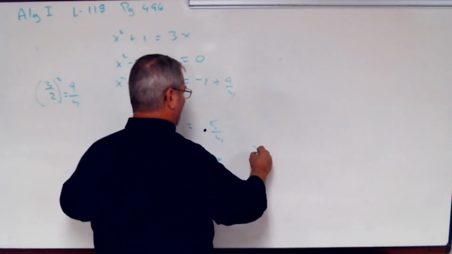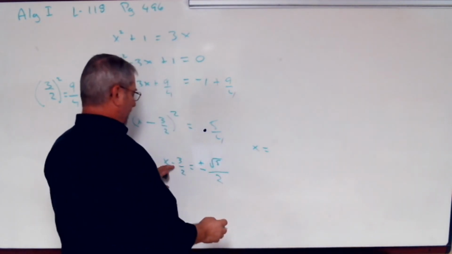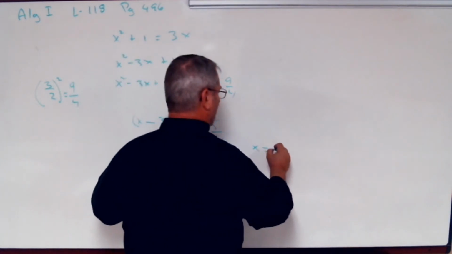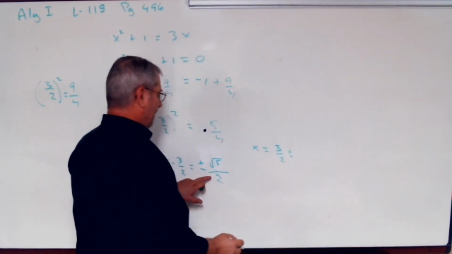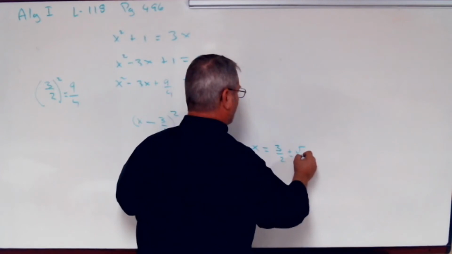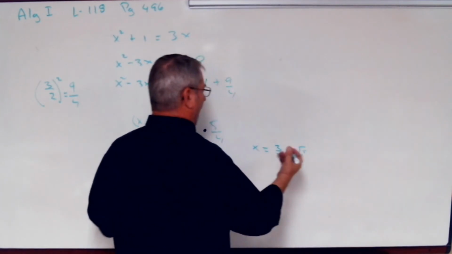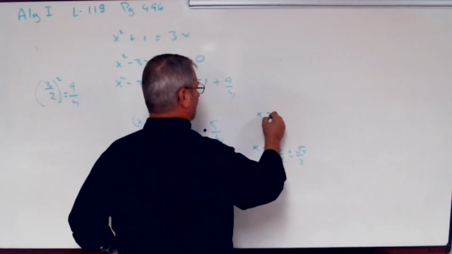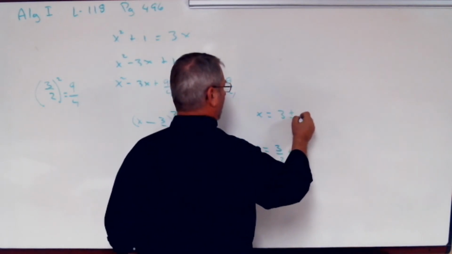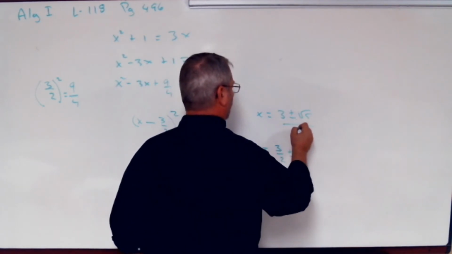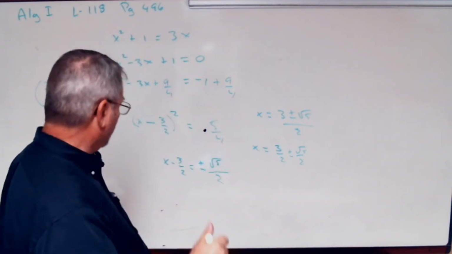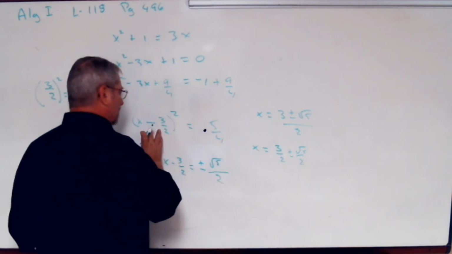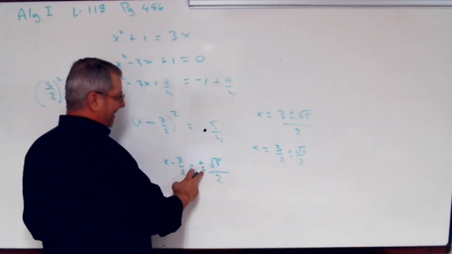Okay, so we have x equals, this is plus now, 3 halves plus or minus square root of 5 over 2. I like to do it like this: x equals 3 plus or minus radical 5 over 2. That's the answers. There's 2 of them. You got to remember, when you square root both sides, you pick up that plus minus.